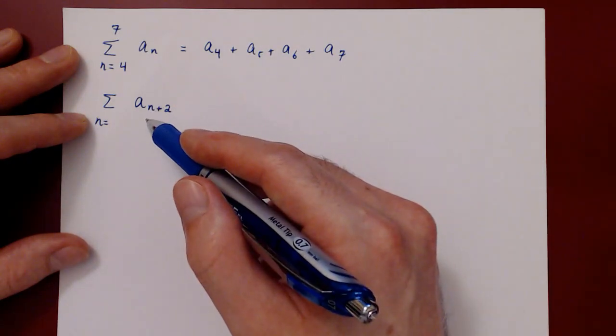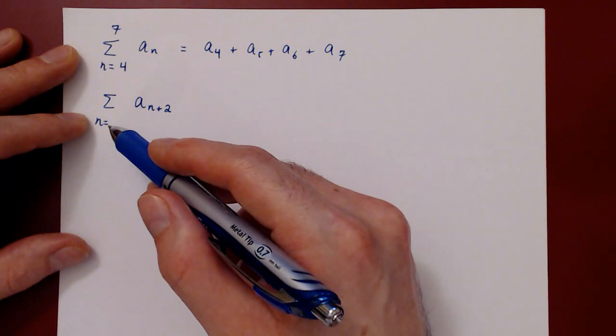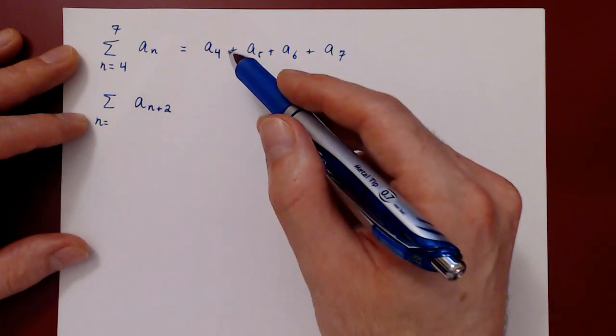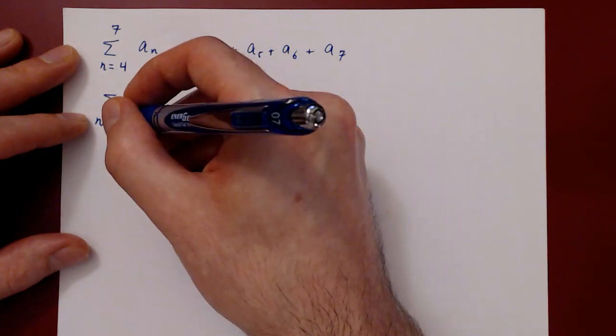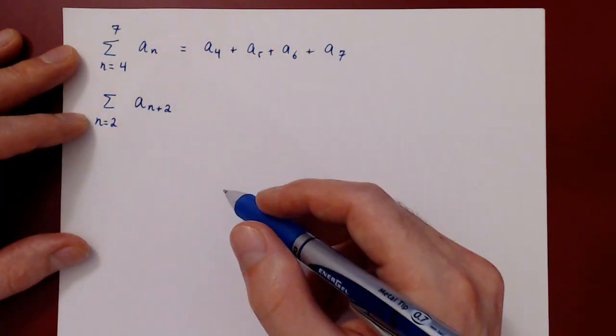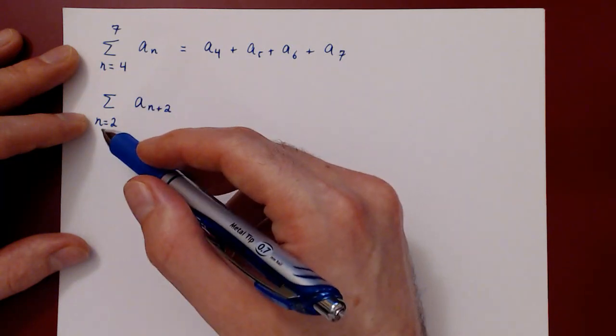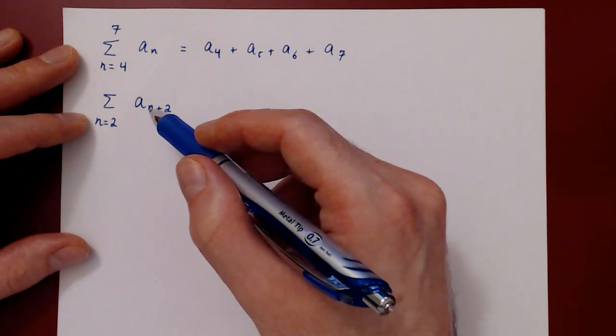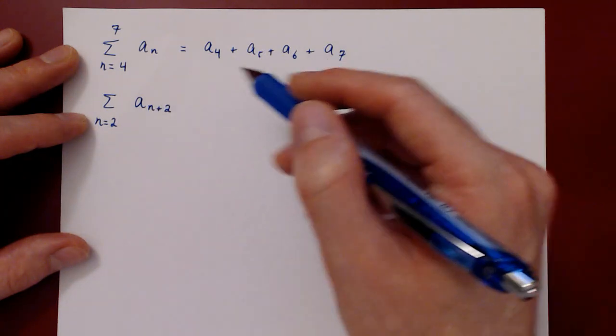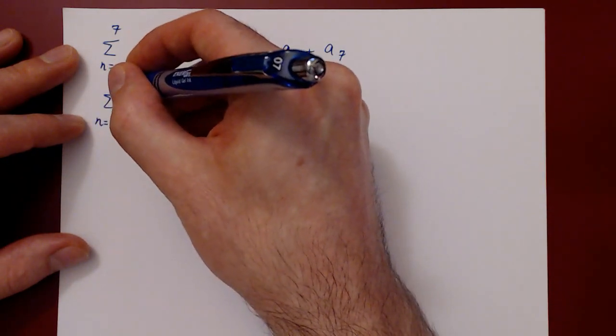Where must n begin so that n plus 2 equals 4? Well, clearly 2 plus 2 is 4, so n must begin at 2. And where must n end so that n plus 2 equals 7? Well, clearly 5 plus 2 is 7, so n must end at 5.